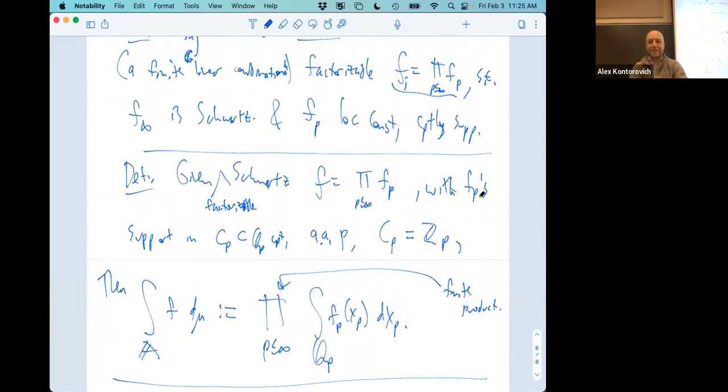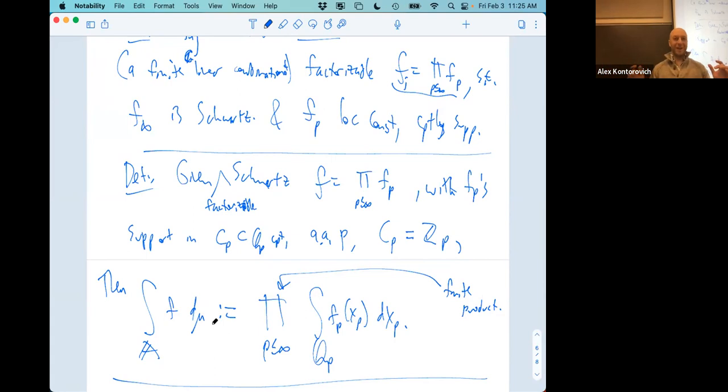Does this coincide with some product measure that you put on the adeles? Yes, this is a very good point. The Haar measure on the adeles that we're putting on implicitly is the product measure. Now the support of that product measure is the full unrestricted product of R and the Q_p's, unless you restrict it to the adeles.